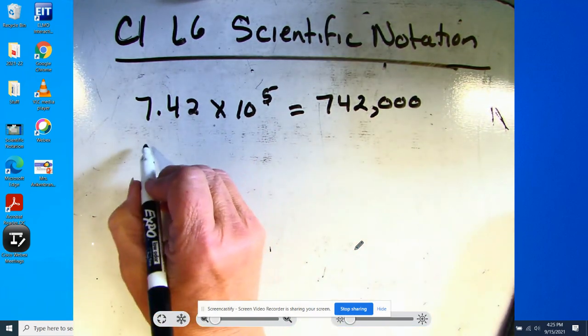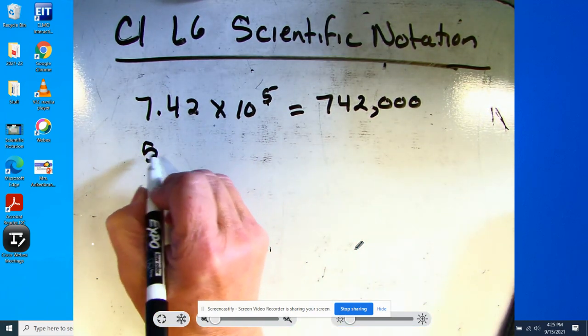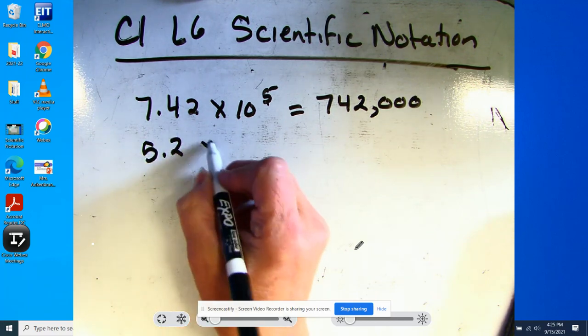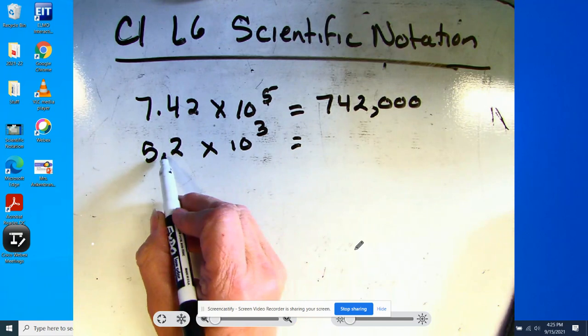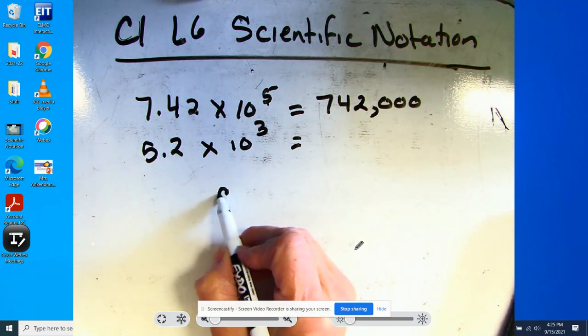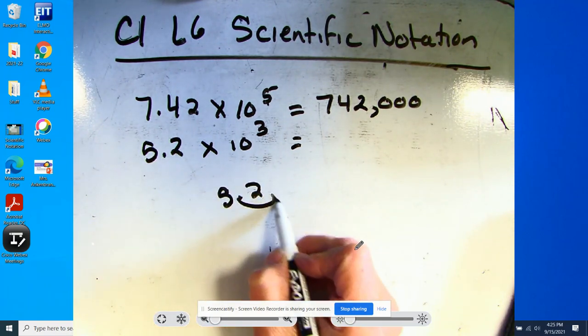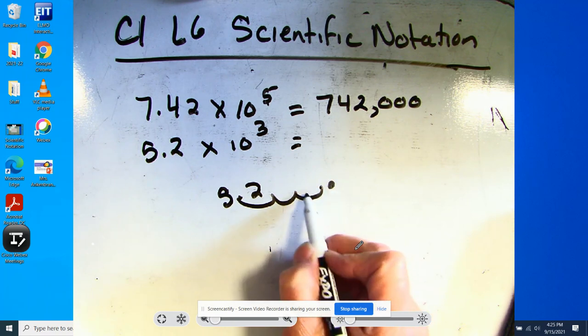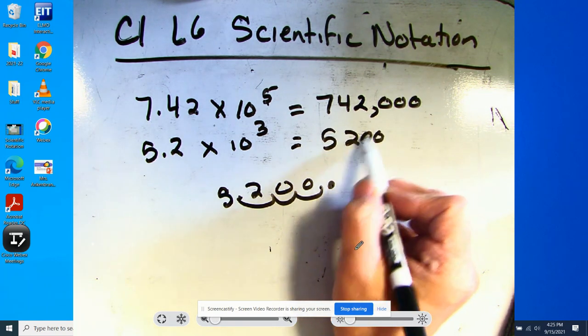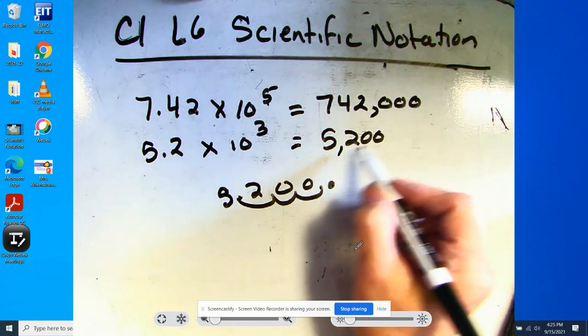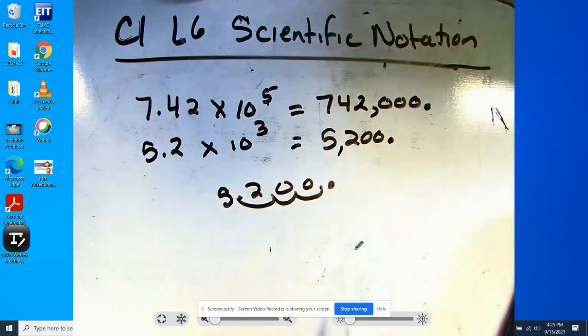Let's do another one. Say I give you 5.2 times 10 to the power of 3. You're going to move it 3 places. So your 5.2, 1, 2, 3. Your decimal is here. That gives you 2 zeros. 5,200. With the decimal being here at the end.